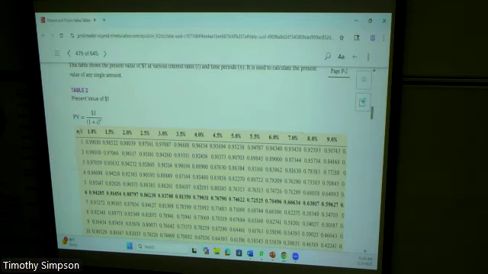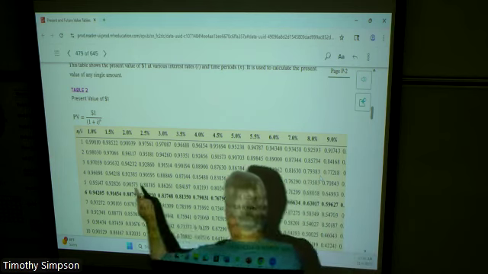So 3 years, 8%, and we got to 0.79383. This is on page 479 in the e-text. And I apologize for that. So I was looking at my screen. I didn't bring it over for you, but that's where we got that. Present value of a lump sum, and it's the number of years.